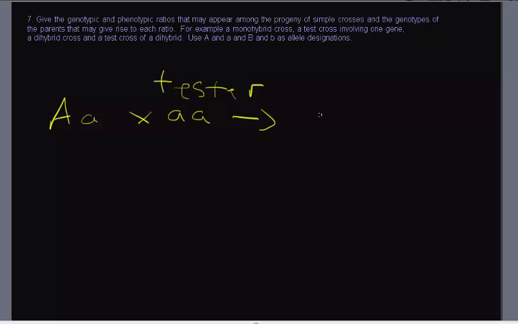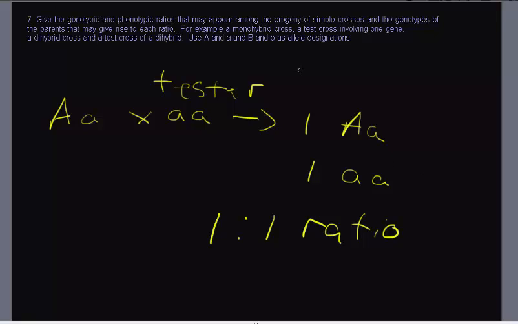If we're just dealing with one gene, we're going to get 1 big A, little a and 1 little a, little a. So we always get a 1 to 1 ratio. Now what's cool about test crosses is that our genotypic ratio and our phenotypic ratio are going to be the same thing.